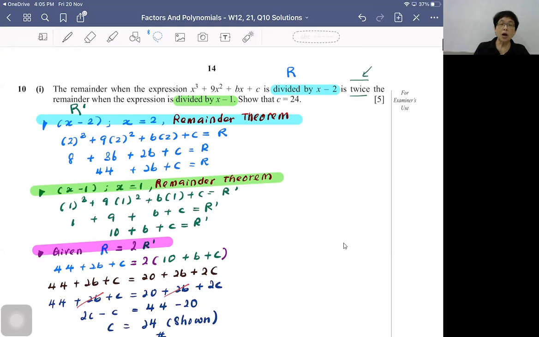In this topic, we know that there are only two key ideas that we need to master. The first one is called factor theorem, and the other one is called remainder theorem. The factor theorem simply means that when you are given a factor, you equate it with 0 and you get the root value of x.